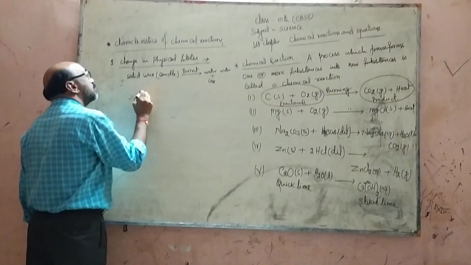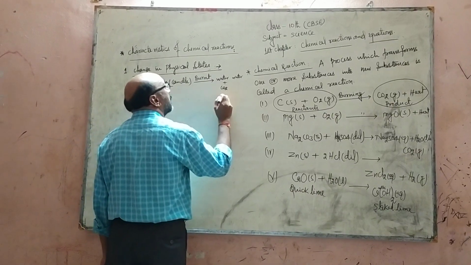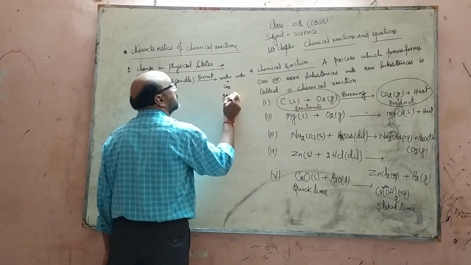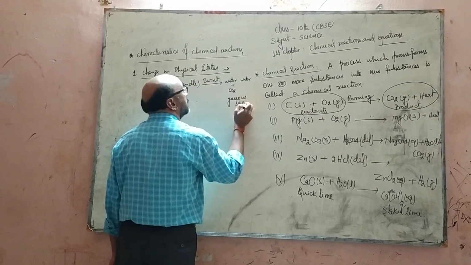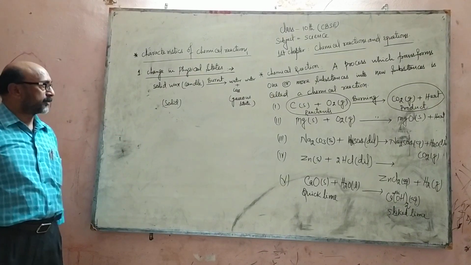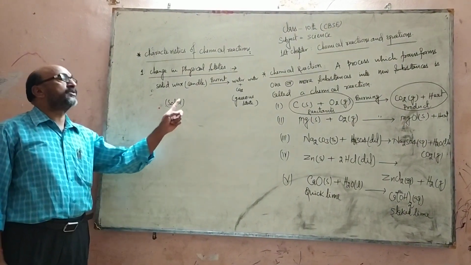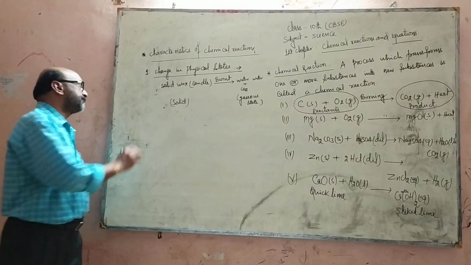So this is solid and these are in the gaseous substance. These are gaseous state of the matter which are formed. So this is change in physical state due to the chemical reaction.